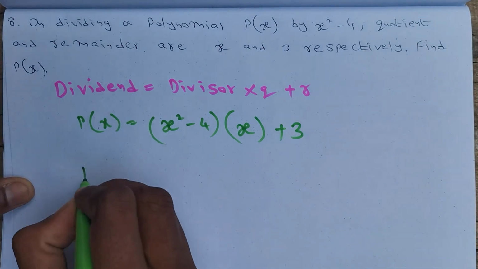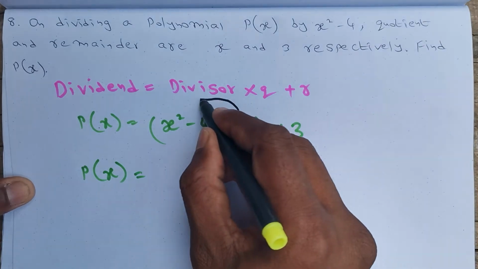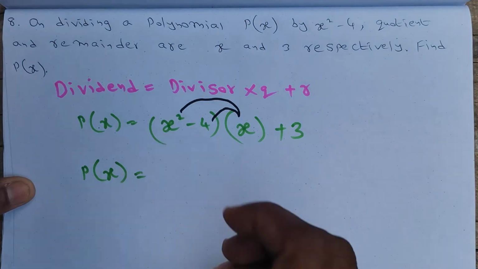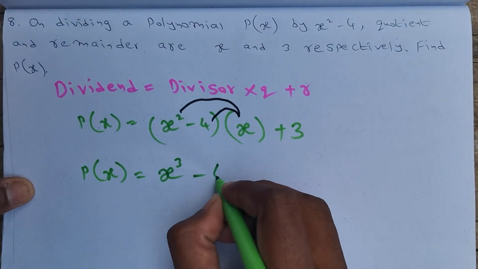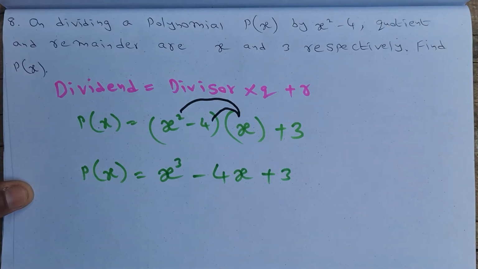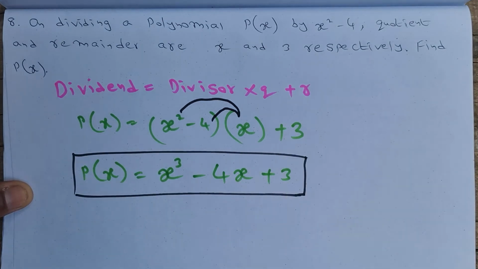So p of x is equal to outer number into first number, outer number into second number: x into x square, x power 3, minus 4 into x, 4x, plus 3 as it is. So the polynomial p of x is x cube minus 4x plus 3.